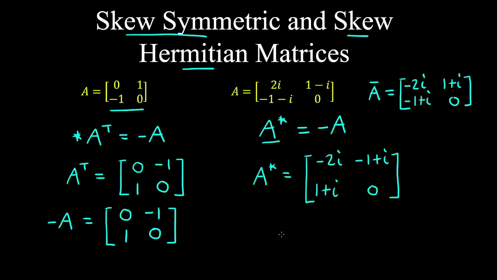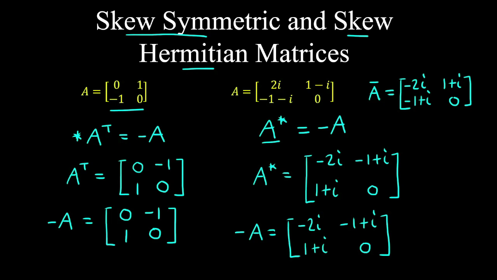And if we instead negated A, we get minus 2i, minus 1 plus i, 1 plus i, and 0, which gives the same result.